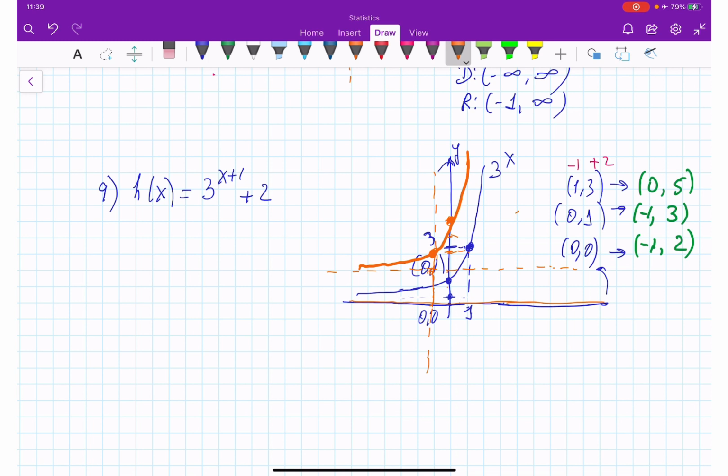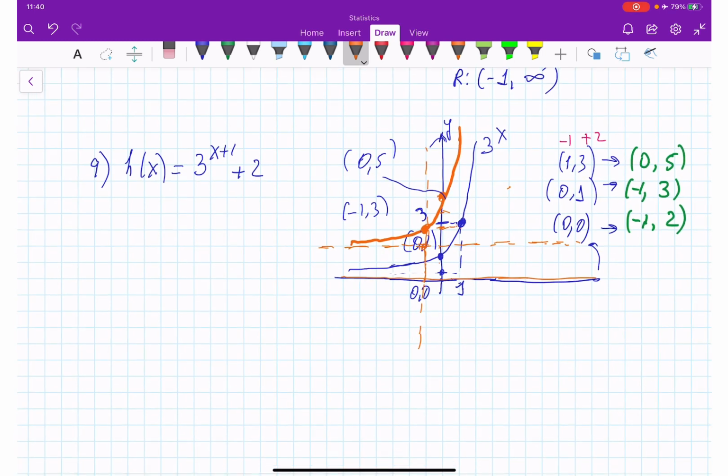So this one is our 0 and 5. This point is our negative 1 and 3. And this is our horizontal asymptote. Okay?